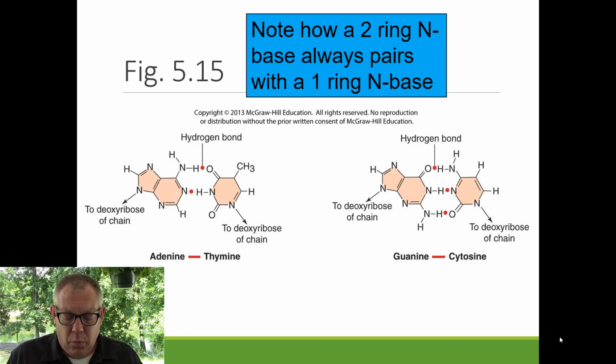Note, if you look at these nitrogenous bases, a couple of them are double ringed and a couple of them are single ringed. You see that? Adenine and guanine have 2 rings, thymine and cytosine have only 1 ring. But a single ring always pairs with a double ring. You never get 2 double rings together or 2 single rings together.